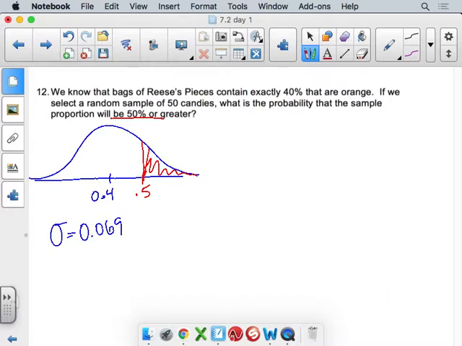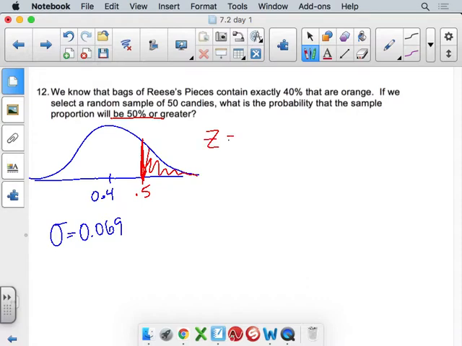Alright, so we are going to dip back into z-scores and using our table and getting answers that way. We're going to be doing that for this unit, confidence intervals, and hypothesis tests. So what we're going to do is standardize this score, asking how many standard deviations it is away, and then use our table to look at it.